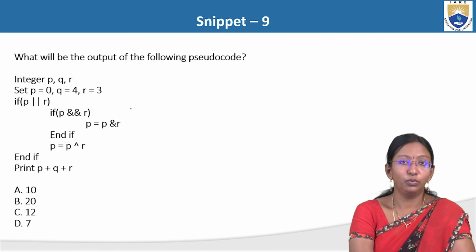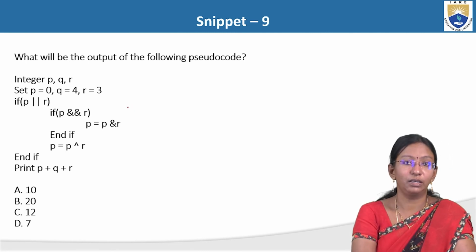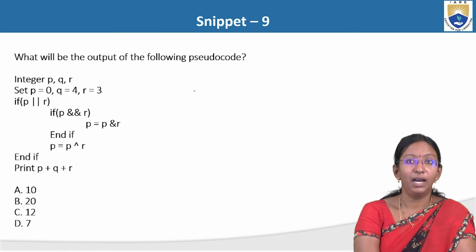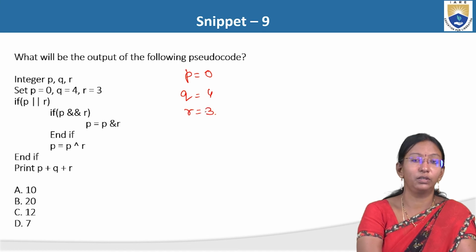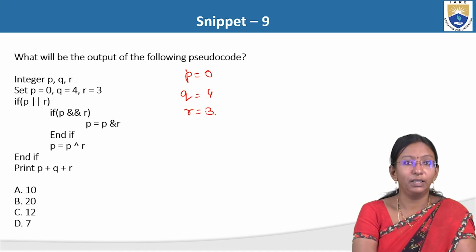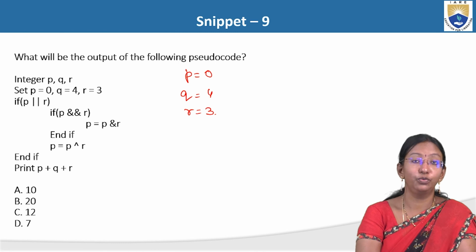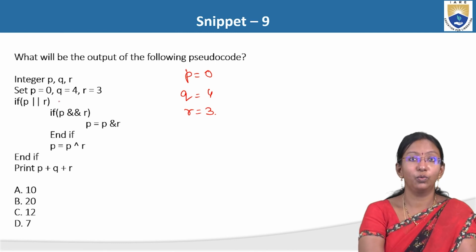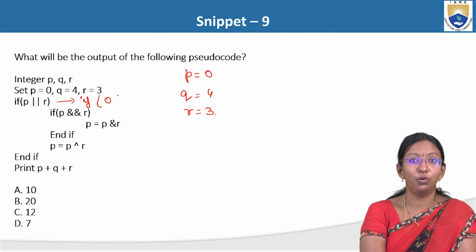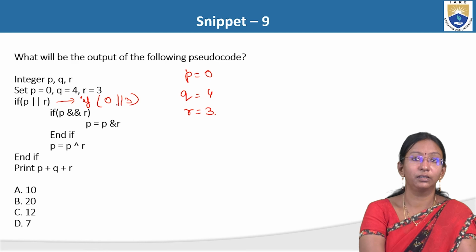So in this pseudo code, 3 values are given, p, q, r, and they are set as p is equal to 0, q is equal to 4, and r is equal to 3. So they are checking for, here they have used OR also, logical OR. Okay, so this will be replaced by if 0 or 3.